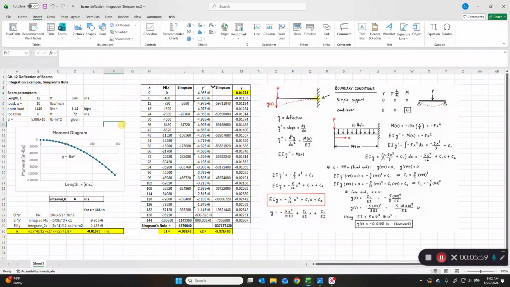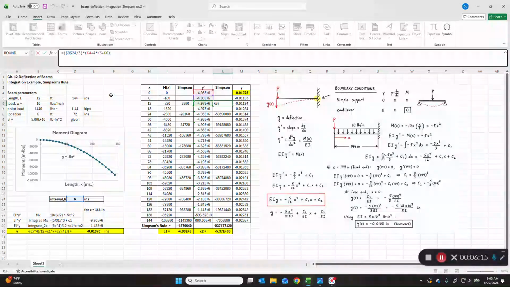So we want to calculate a column of y primes. And the constant C1 was solved by Simpson's integration, Simpson's quadrature. We just summed all those Simpson's rule values to get C1. And then we are doing Simpson's again for the y prime column.